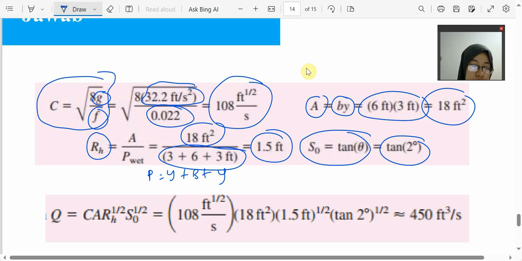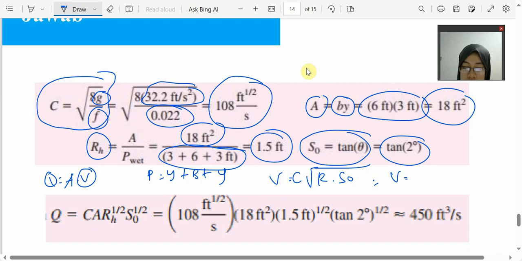We know Q is equal to A times V. The V we use here is the velocity that considers C, Chezy, times root of R times S0, or we can write in another form, C times R to the power of 1/2 times S0, like this.